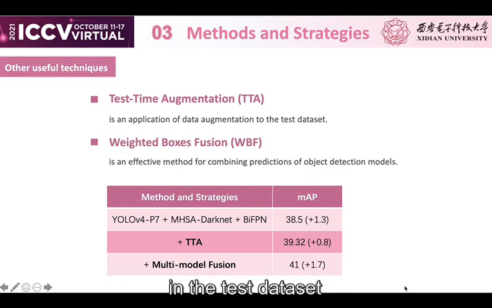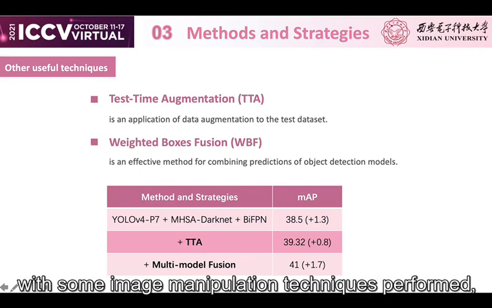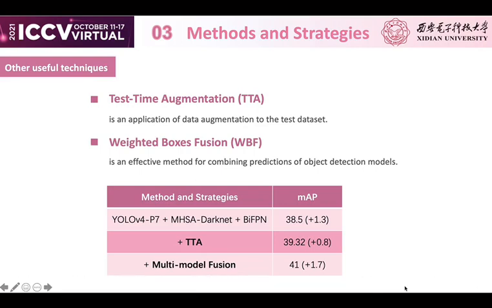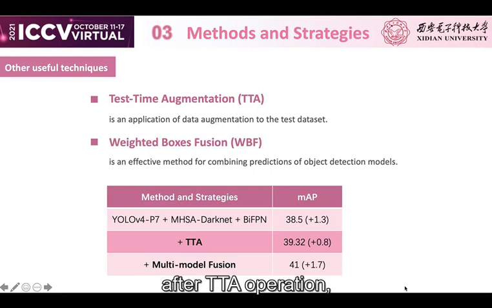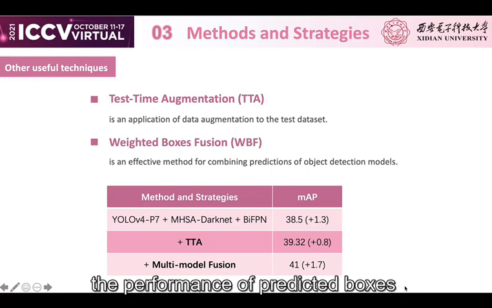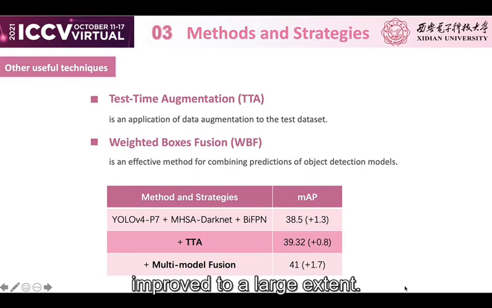Copies of samples in the test dataset are created with some image manipulation techniques performed, such as zooms, flips, shifts, and more. As shown in the experimental results, after the TTA operation, the performance of predicted boxes improved to a large extent.